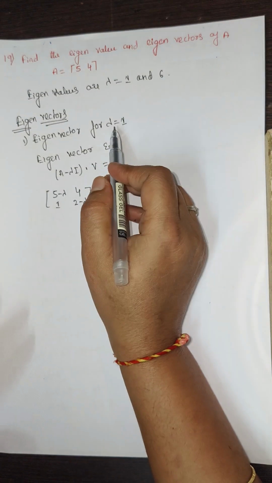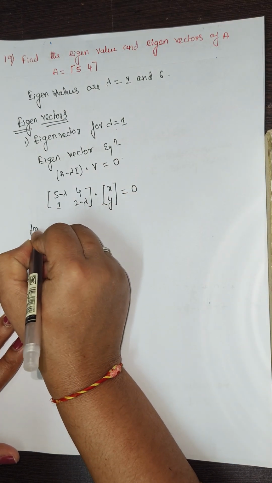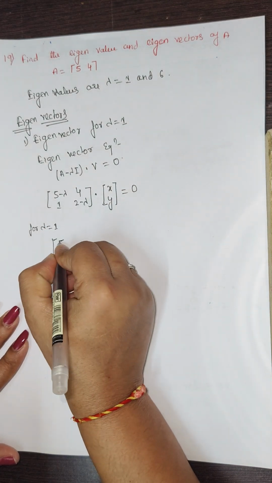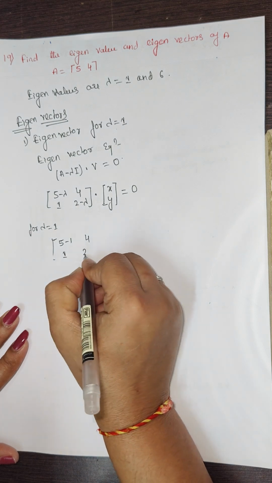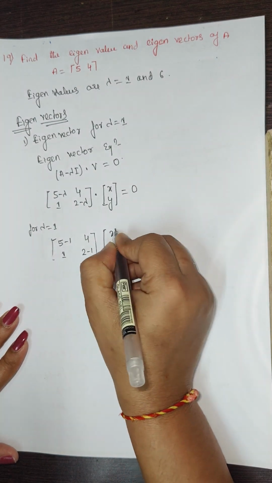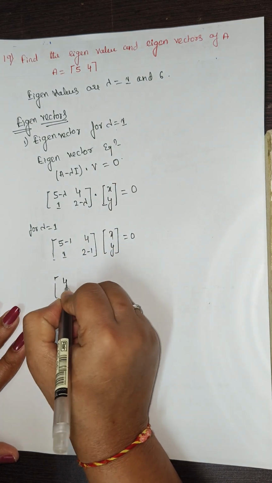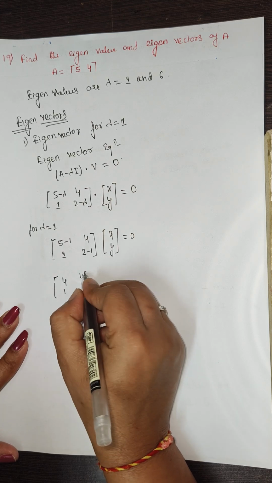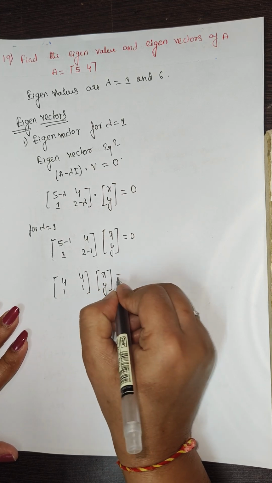Now we took lambda equals 1, so we substitute lambda equals 1. So 5 minus 1, 4, 1, 2 minus 1, times x, y. 5 minus 1 is 4, and 2 minus 1 is 1, times x, y, equals 0.